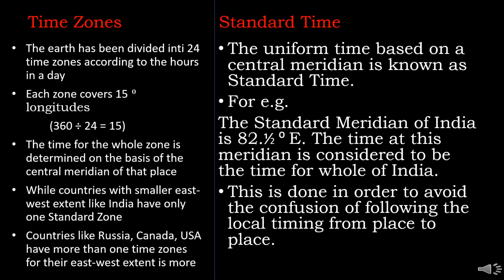The uniform time based on a central meridian is known as the standard time. For example, the standard meridian of India is 82.5 degree east. The time at this meridian is considered to be the time for the whole of India. This is done in order to avoid the confusion of following the local timing from place to place.